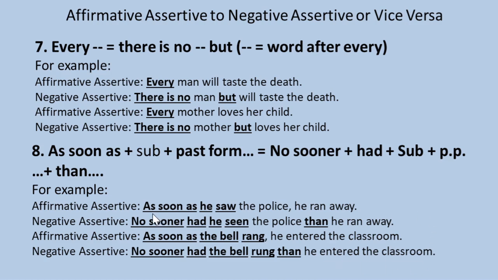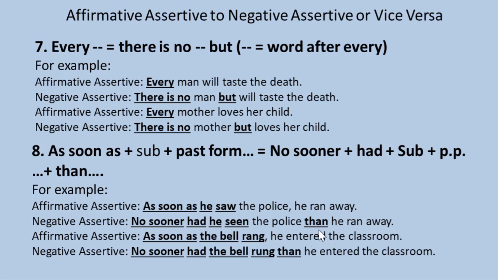So here, as soon as subject past form is replaced with no sooner had subject past participle, and instead of comma we use here then, the linking word, that is no sooner then.